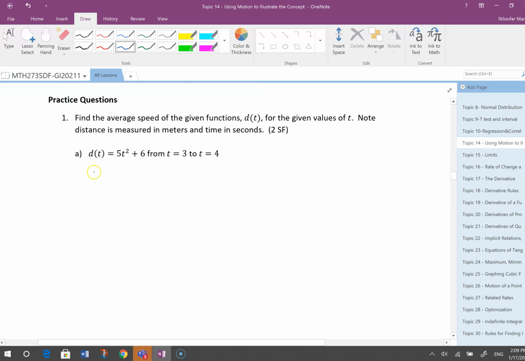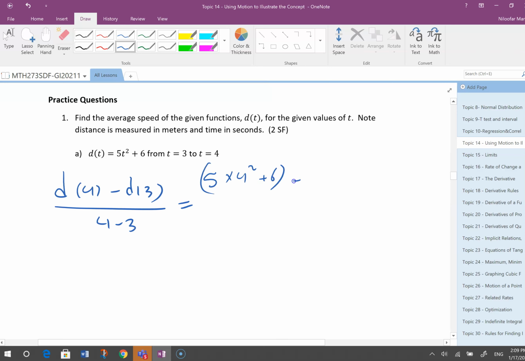Okay, so the average speed here is d4 minus d3 divided by 4 minus 3. What is d4? 5 multiplied by 4 squared plus 6, minus 5 multiplied by 3 squared plus 6, divided by 1, in meters per second.